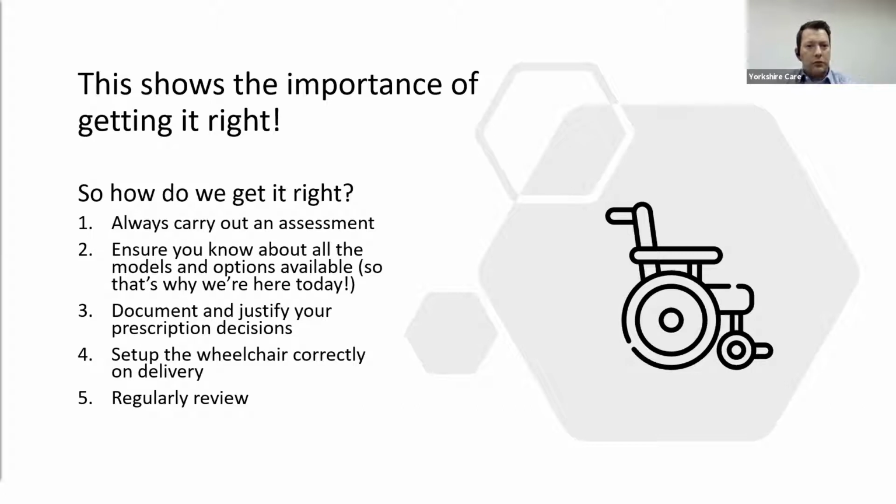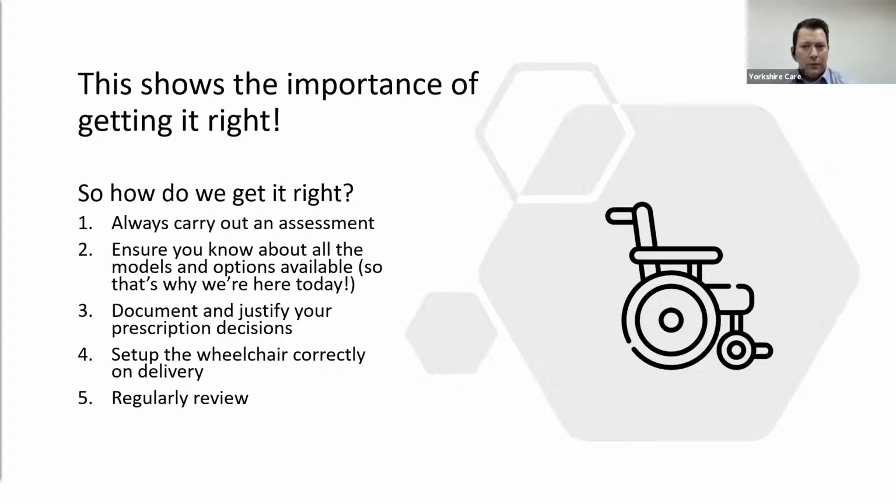So there are a few thought-provoking questions here. How do we get it right? By carrying out a thorough and holistic assessment, ensuring that we know all about the models and options which are available, because that's what they're reliant on us for.